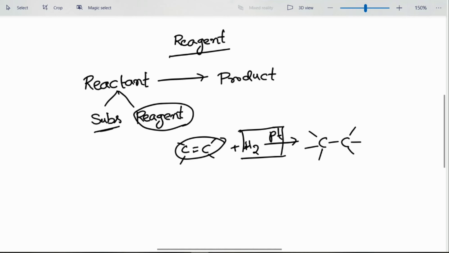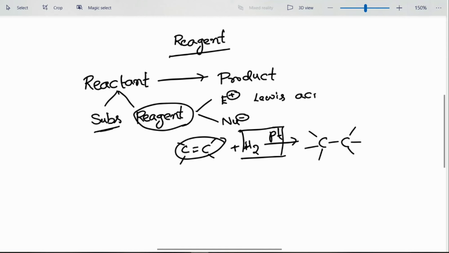So how are these reagents to be classified? Some reagents might have one kind of reaction, some might have another. Therefore, in order to understand these reagents specifically, we classify reagents into two types. One is an electrophilic reagent and the other is a nucleophilic reagent.